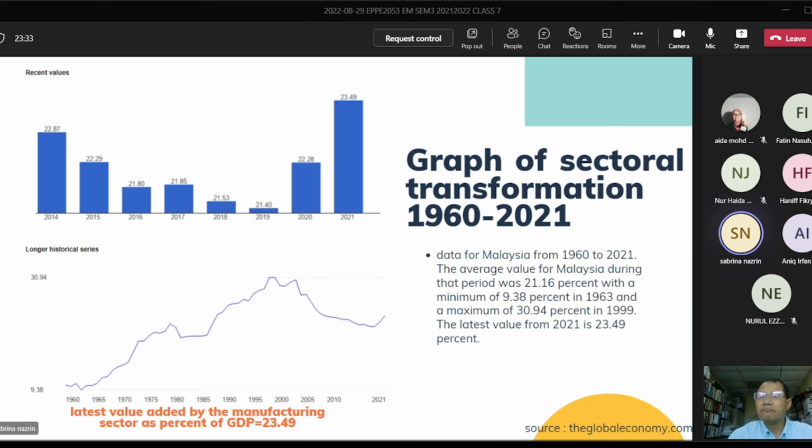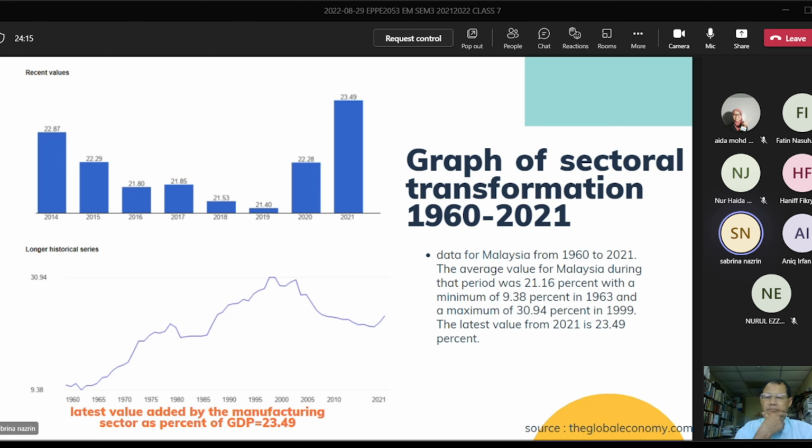The data for Malaysia from 1960 to 2021 shows the average value during the period was 21.16%, with a minimum of 9.38% in 1963 and a maximum in 1999, which is 30.94%, and the latest value from 2021 is 23.49%.